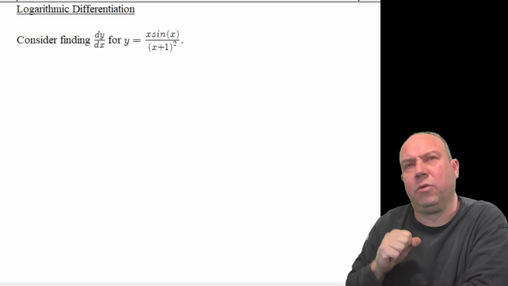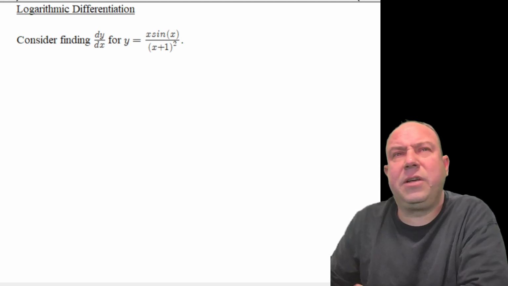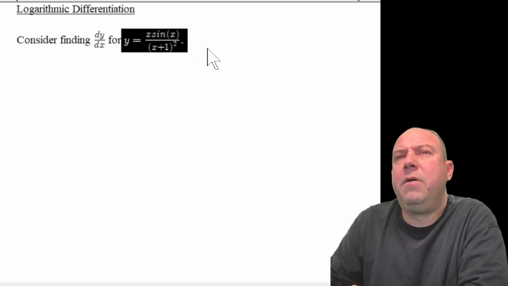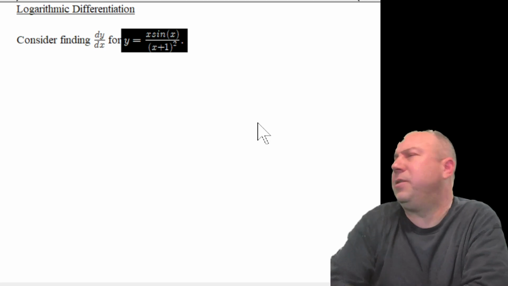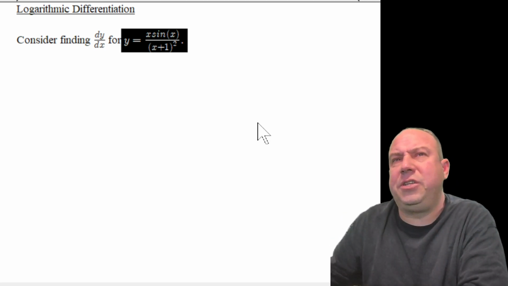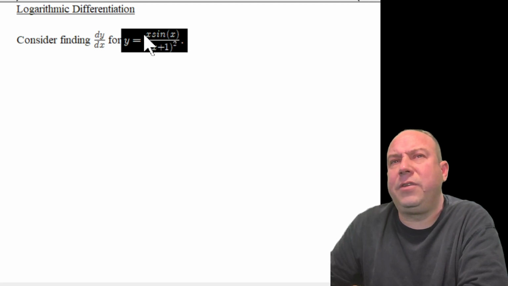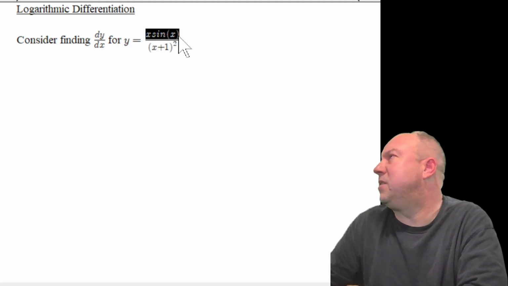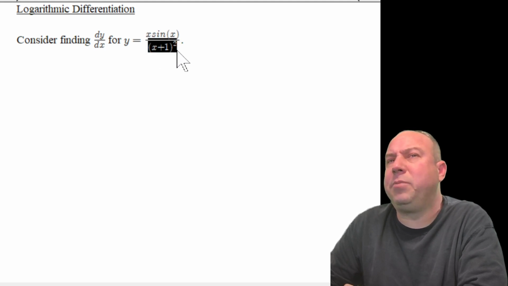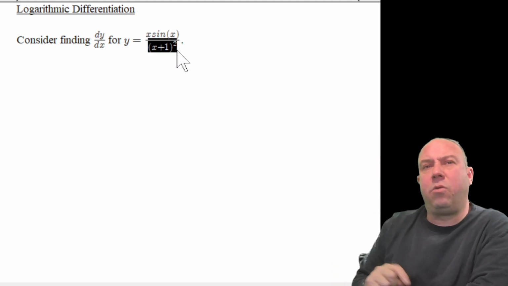And derivative rules. For example, we might consider finding the derivative for this complex combination of functions, which involves a little product rule. In the numerator, we have x times the sine of x. This is all being divided by (x plus 1) squared, which is a little quotient rule.